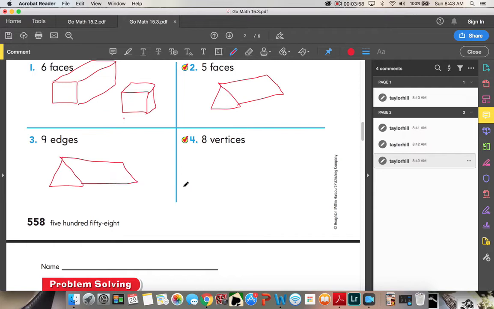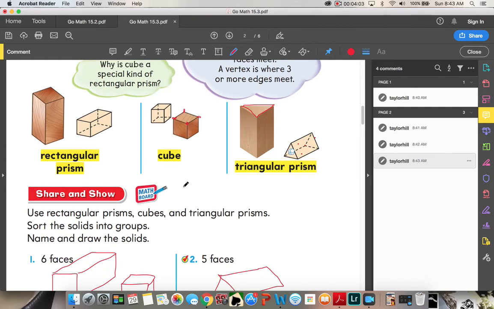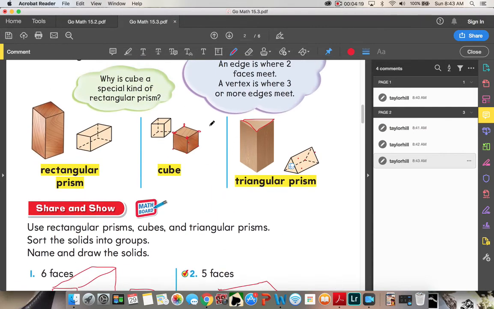There we go. And 8 vertices. 8 vertices are the points at which the edges meet. So wherever the edges meet is going to be our vertices. So if we look at our cube, we already have 4 vertices, and then we're going to have 4 on the bottom. 1, 2, 3, 4. So that's 8 vertices. And also the same thing can be applied to our rectangular prism.